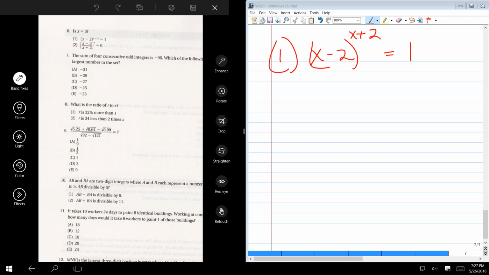First of all, is x equal to 3 there? In other words, just substitute 3 for x, and does that work? Yes, it does work, but it's not the only x that works.